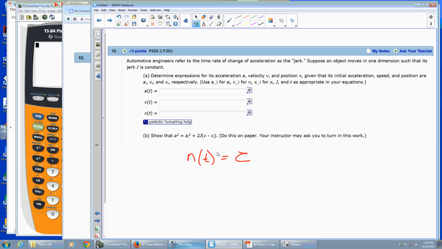And then if we take the integral of that, that is how we get to the acceleration.